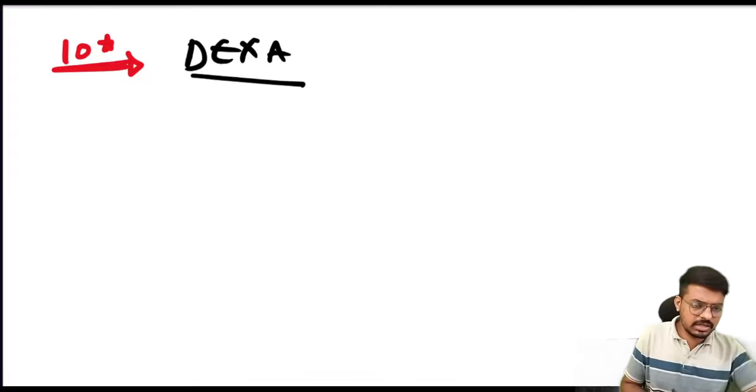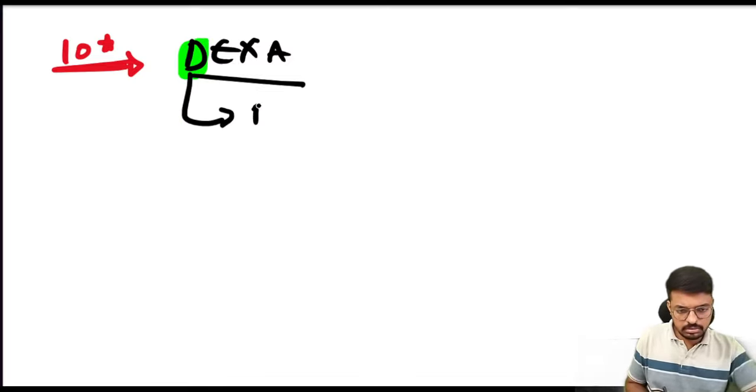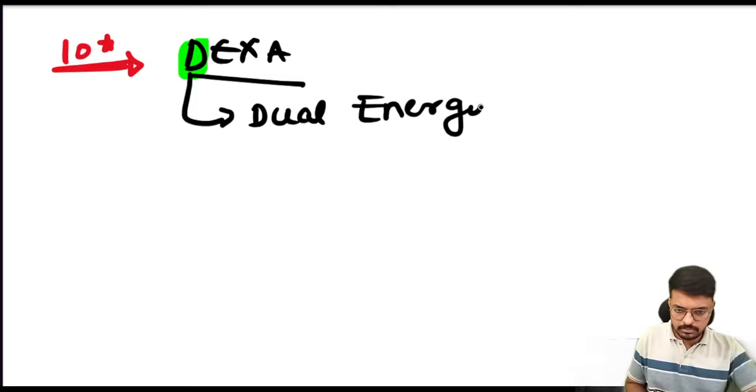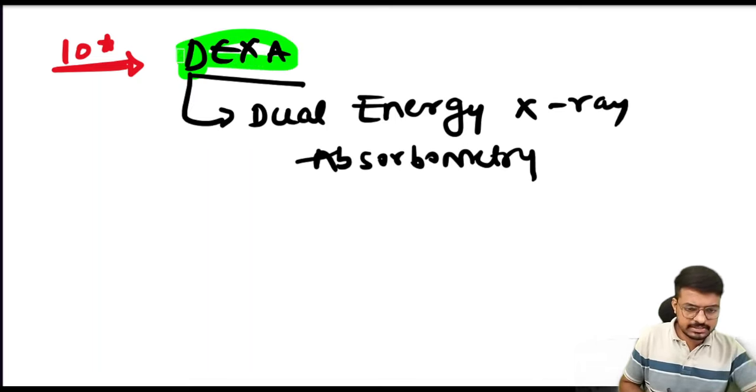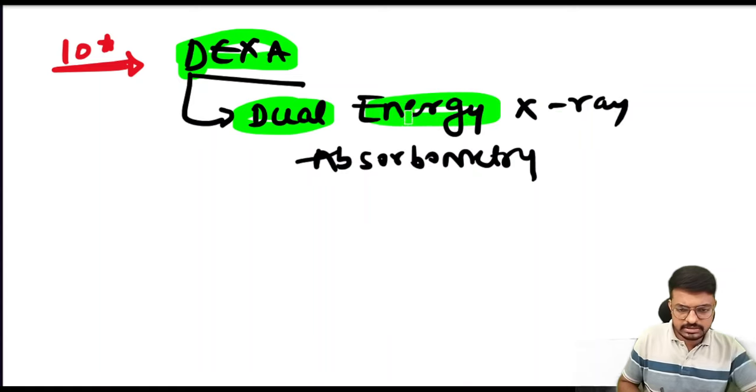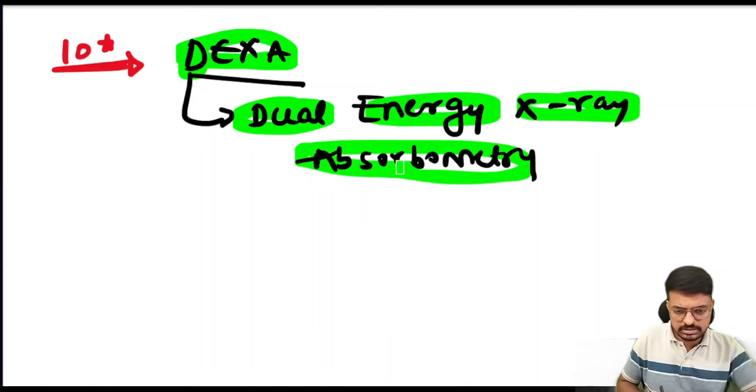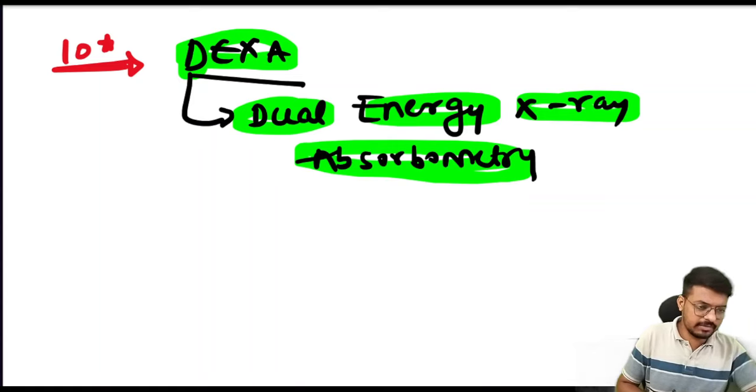D stands for dual, E stands for energy, X stands for X-ray, A stands for absorptiometry. So the full form of the DEXA scan is dual energy X-ray absorptiometry.